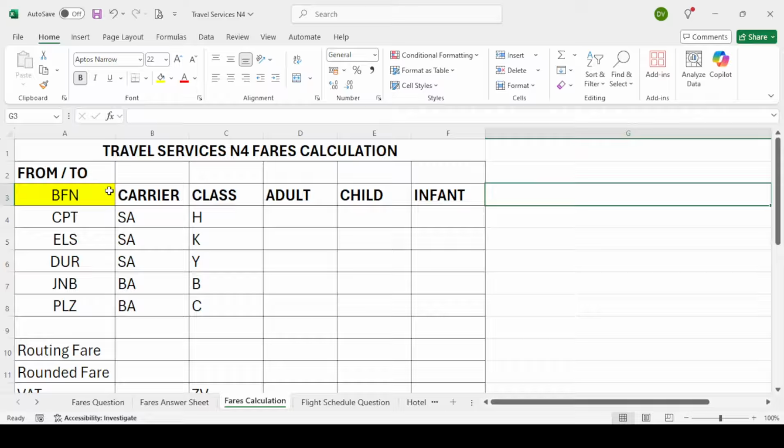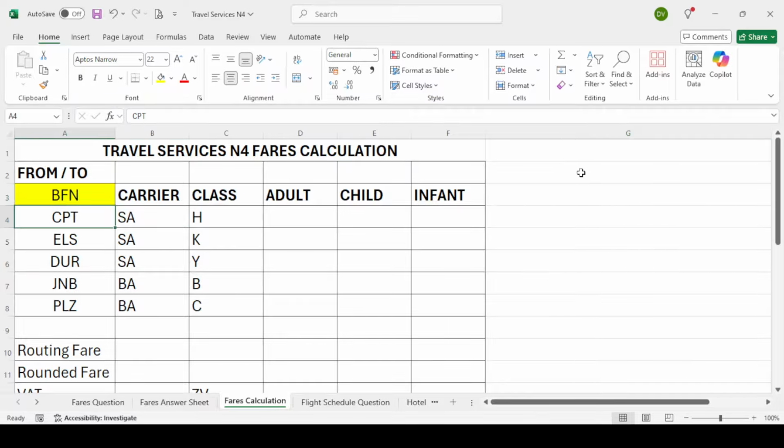If you're going to start one block down, it's going to throw out your route with your carrier and your class. You're going to have all of your fares wrong. So it's very important that you remember, if you have to fill it in yourself, that you start with your first city in the same line as carrier, class, adult, child, and infant. Okay. Right. So I'm just going to take the color off.